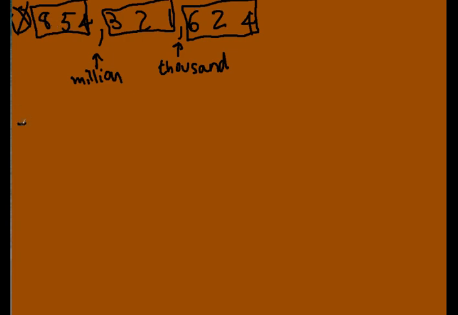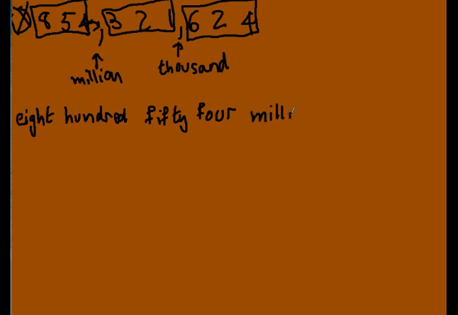So all you have to do is write 854. Right? What comes after 854 is the comma. What does the comma stand for? Million. So what do we put right after this? Million.